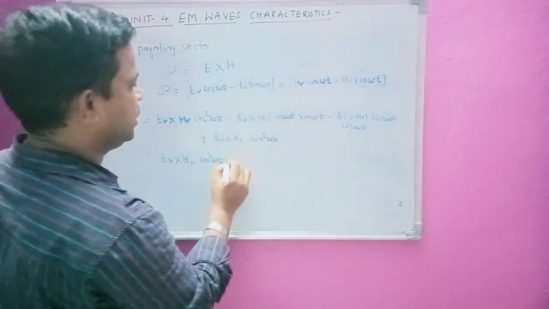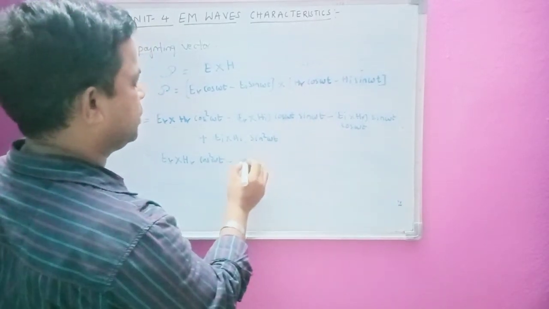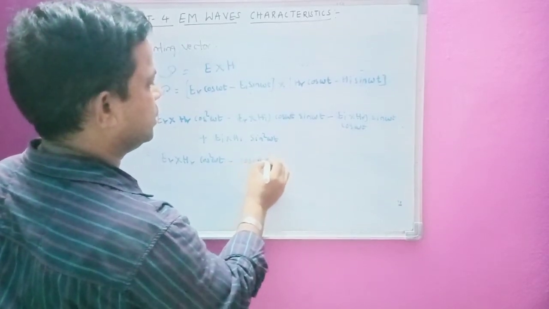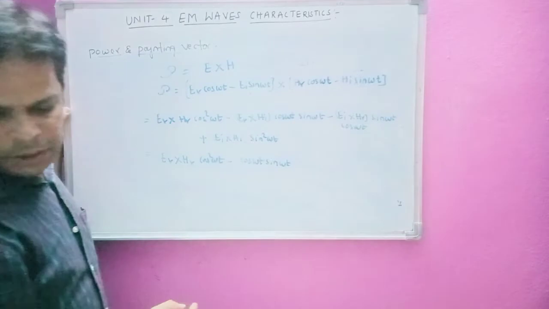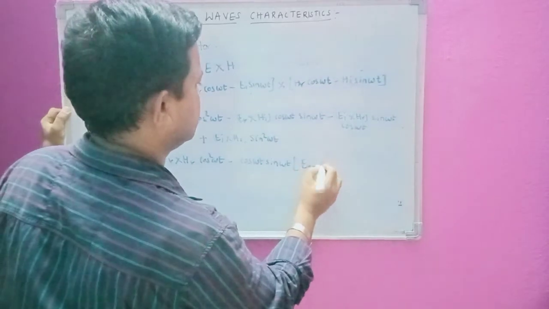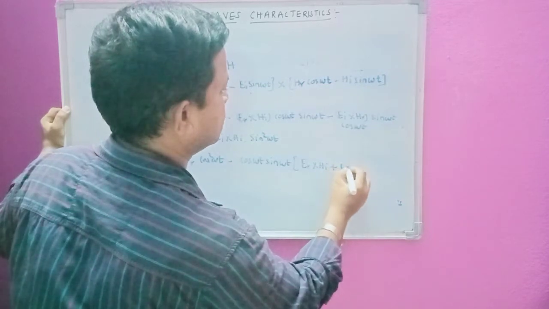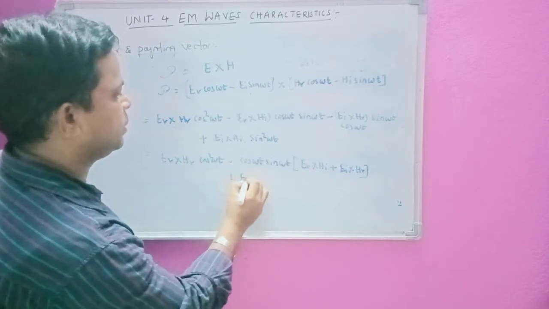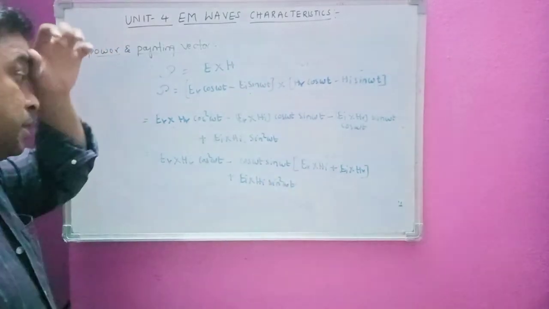Next I will take the common for this one and this one, minus cos omega t sin omega t into Er cross Hi plus Ei cross Hr, plus Ei cross Hi sin square omega t. So that is what here we are going to get.